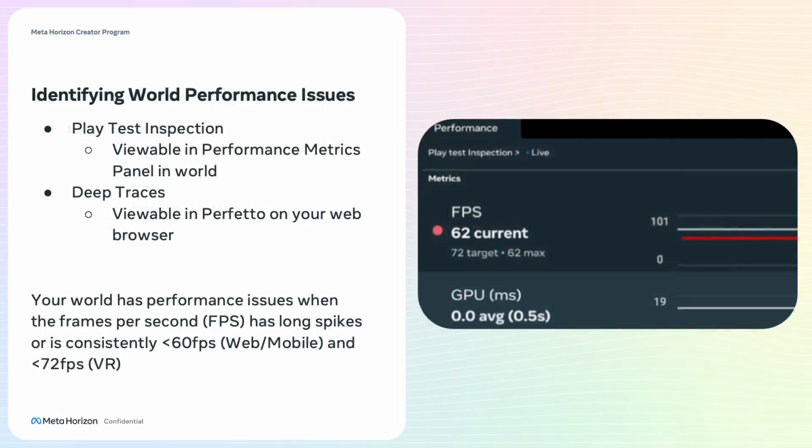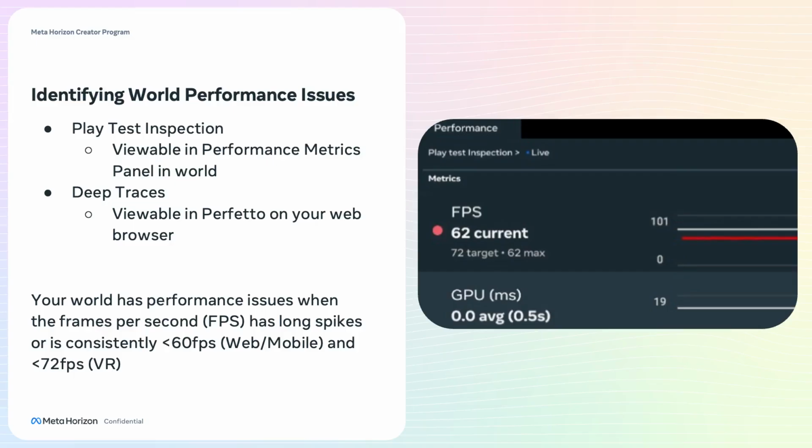So what happens when you open up the performance metrics, the real-time metrics? When you look at the performance metrics, you will see different stats that you can track. For example, by default, mine had FPS, which is frames per second, and GPU time, in milliseconds here.